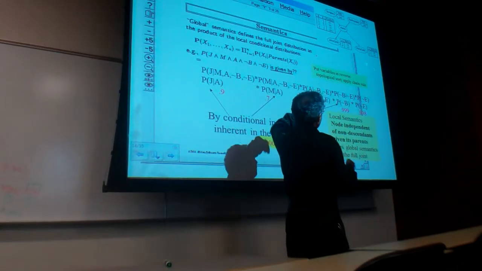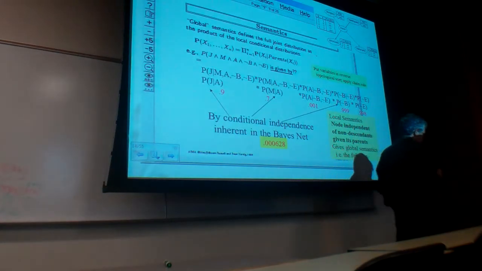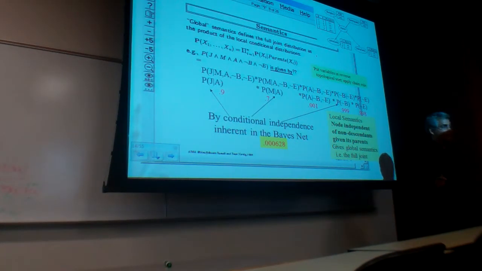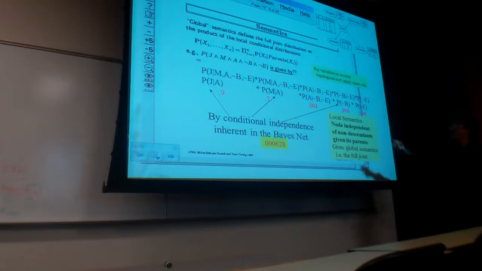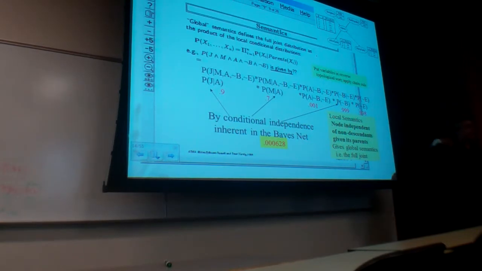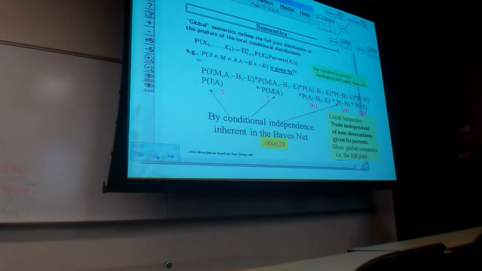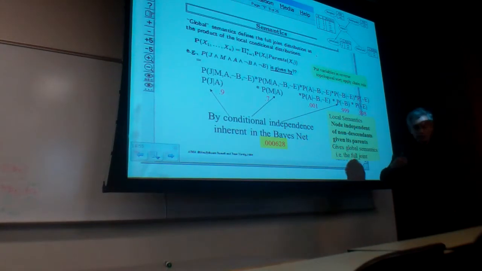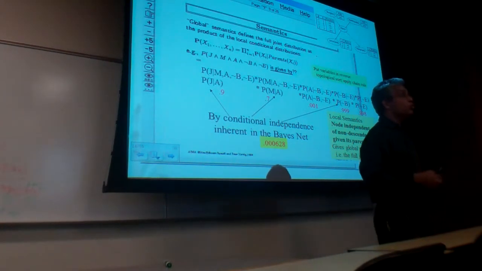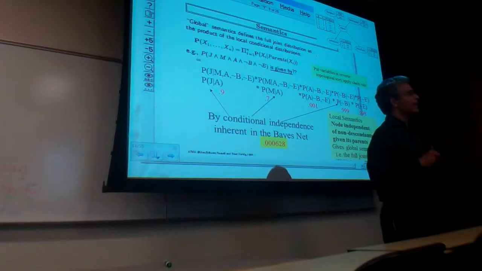By the way, although I started by saying all variables are Boolean, it's very easy to actually make variables be multi-valued. No big deal. If the alarm can have values 1, 2, 3, then you just have a bigger table. And similarly, it is also possible to use continuous variables inside the Bayes networks.